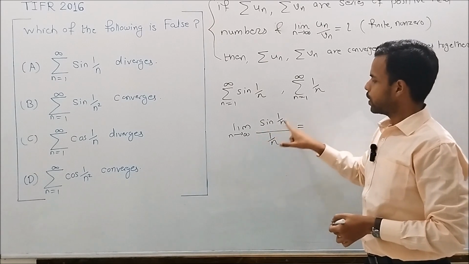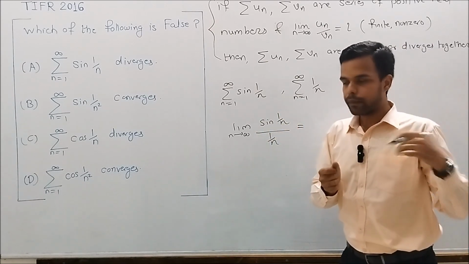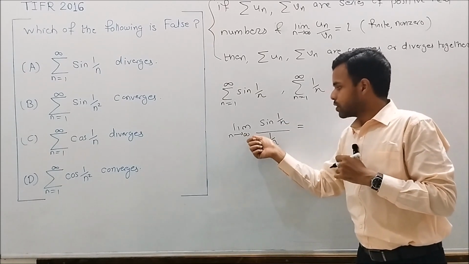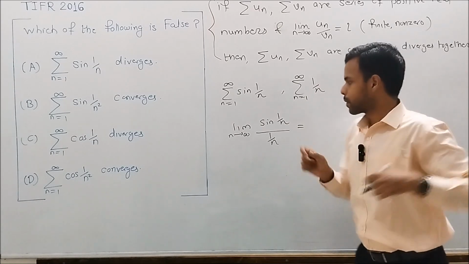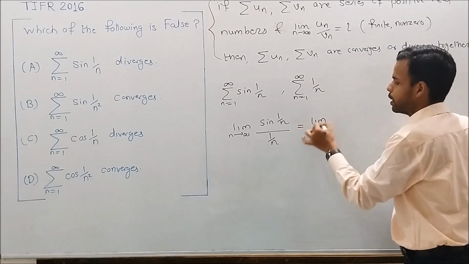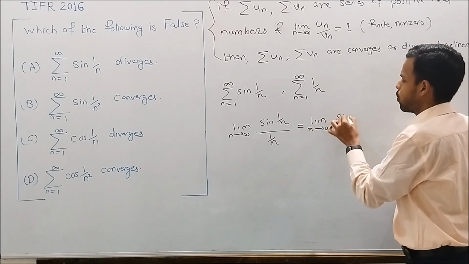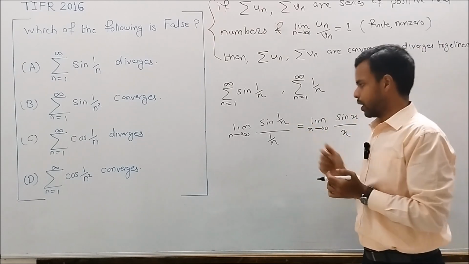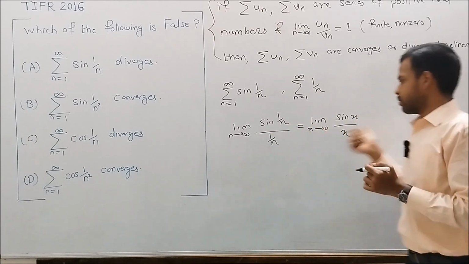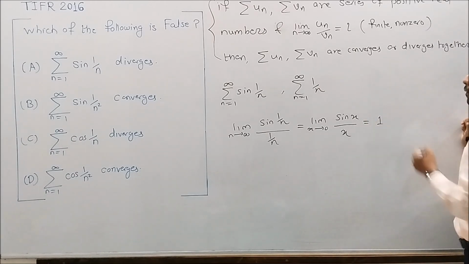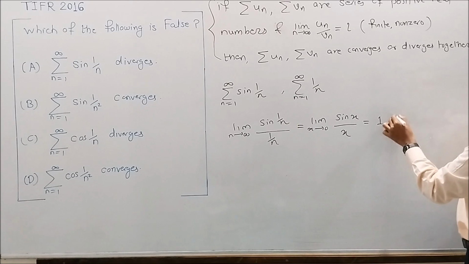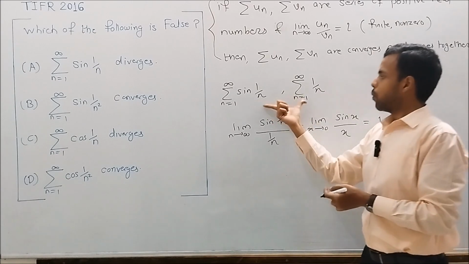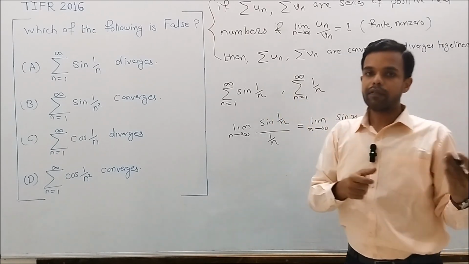As n tends to infinity, 1 upon n goes to 0. So if I substitute x equals 1 upon n, then x goes to 0, and this limit is nothing but the limit as x tends to 0 of sine x upon x, which we know is equal to 1. Clearly this is finite and non-zero. So according to the limit comparison test, both series converge or diverge together.